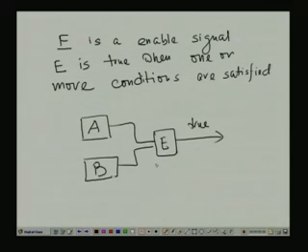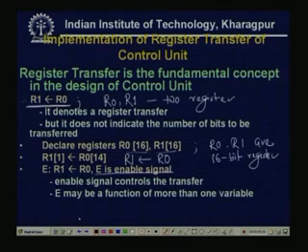So, in that case E is actually one AND gate, this type of thing, and this enable signal is true. So, the enable signal controls the transfer. E may be a function of more than one variable, and there can be more than one input of the condition.